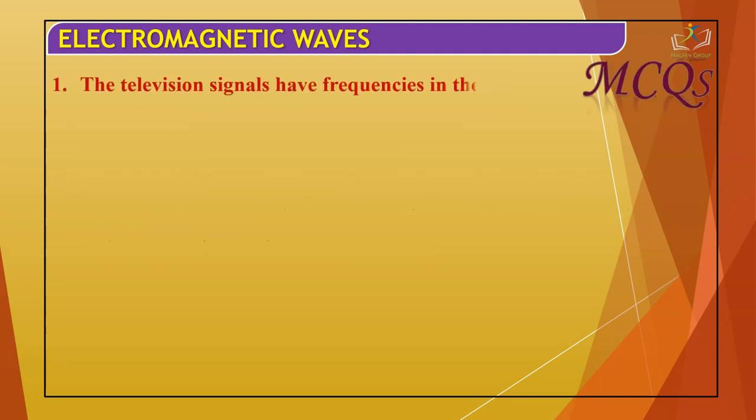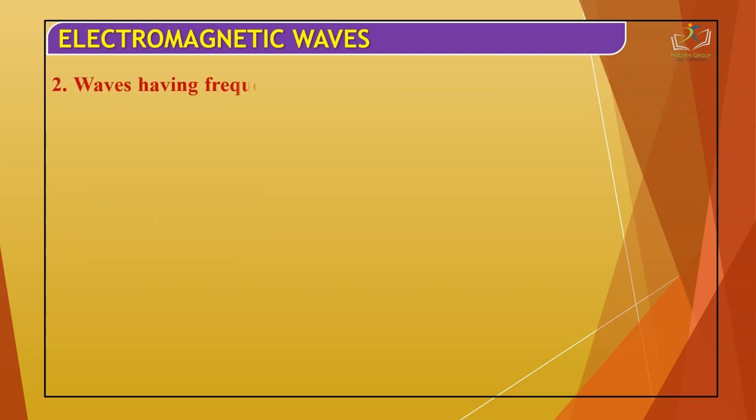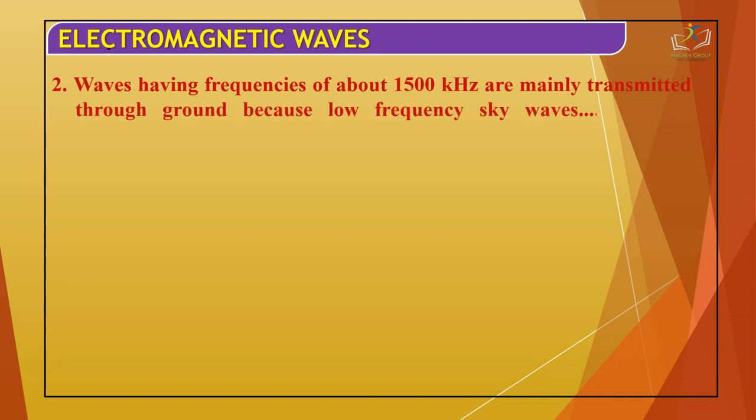The television signal has a frequency in the range of... the correct answer is 100 to 200 megahertz. Waves having frequencies of about 1500 kilohertz are mainly transmitted through the ground because low frequency sky waves dash quickly compared to the ground waves.